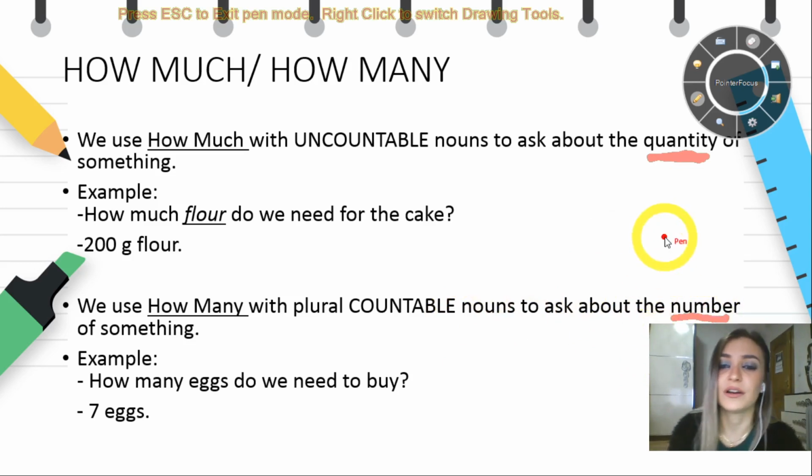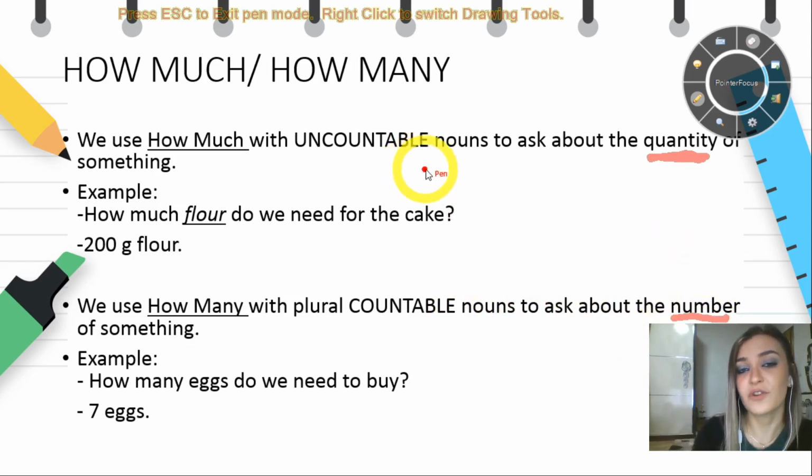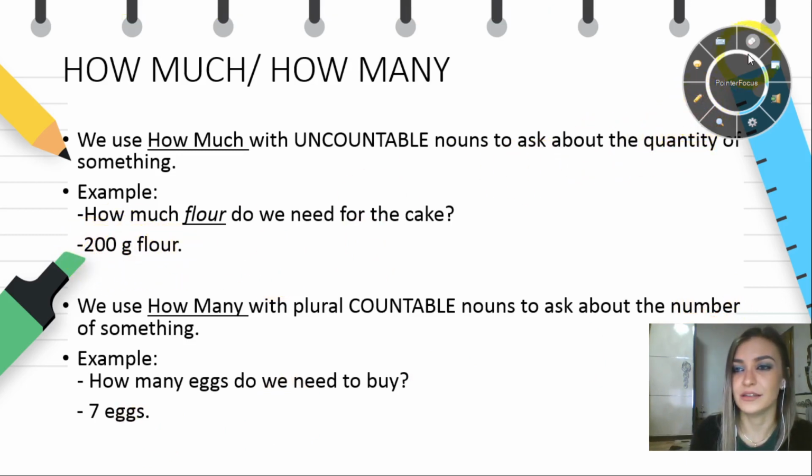So remember, we use how much for uncountable nouns and ask about the quantity, whereas how many we use for countable nouns and ask about the number of something. For example, how many eggs do we need to buy? 7 eggs. So 7 eggs tells the number, whereas 200 grams of flour shows the quantity.